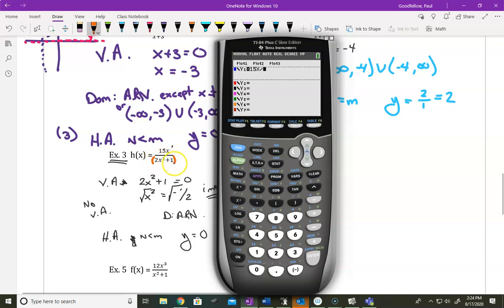You want to make sure that you put parentheses to denote that the denominator is a full entire entity, because your calculator will not know that unless you tell it so. So 2x squared plus 1. And we'll probably see a situation here where there's no vertical asymptotes. We get a very strange looking graph out of this.